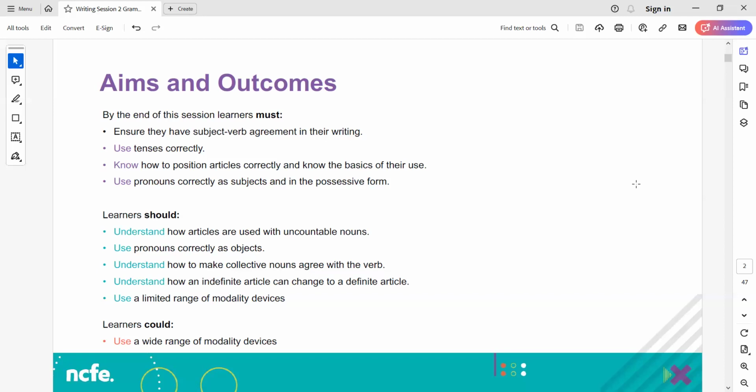You should understand how articles are used with uncountable nouns, use pronouns correctly as objects, understand how to make collective nouns agree with the verb, understand how an indefinite article can change to a definite article, and use a limited range of modality devices. You could use a wide range of modality devices.